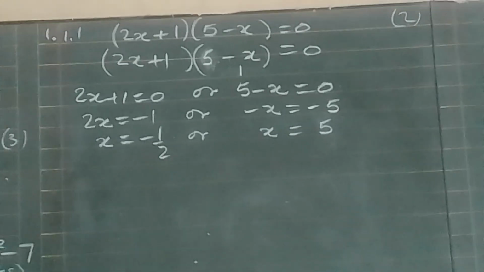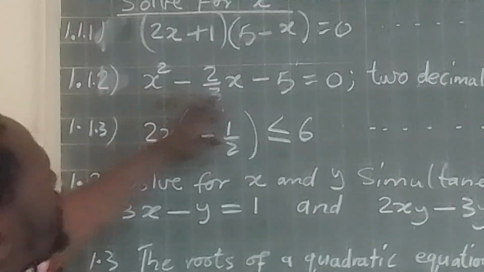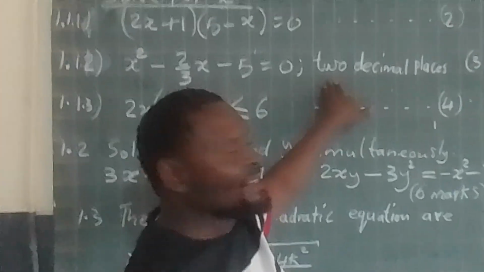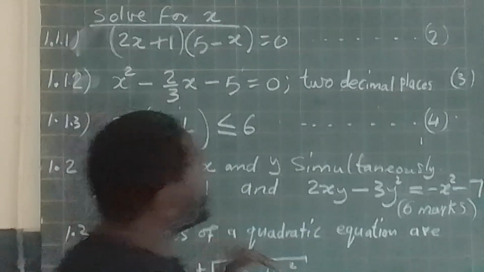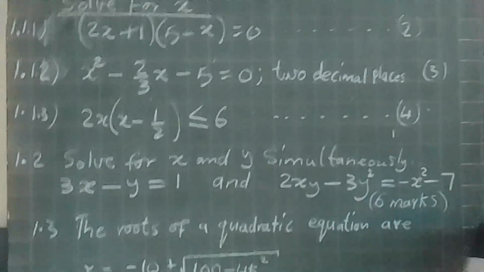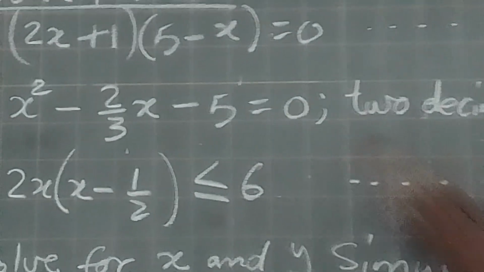Let's grab this number 2. Here they want us to solve it. Leave the answer in 2 decimal places. When you are required to give the answer to a certain number of decimal places, it means it is irreducible.